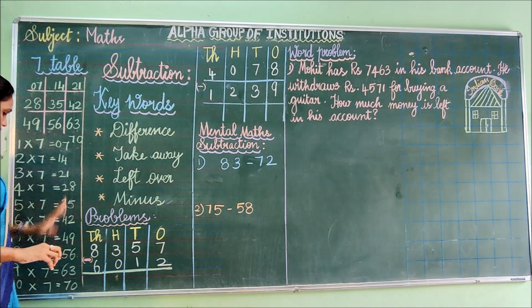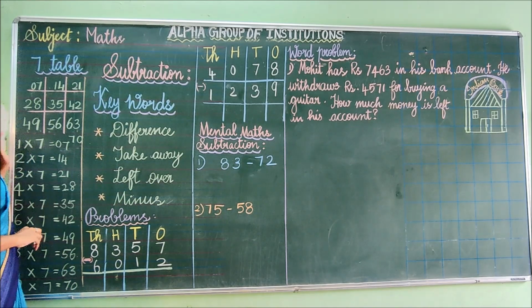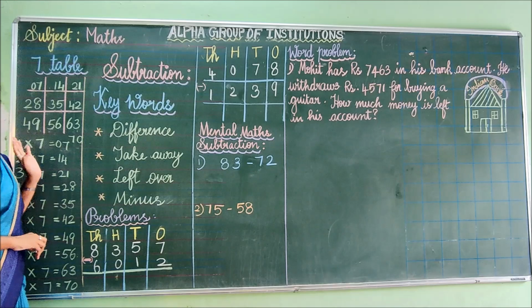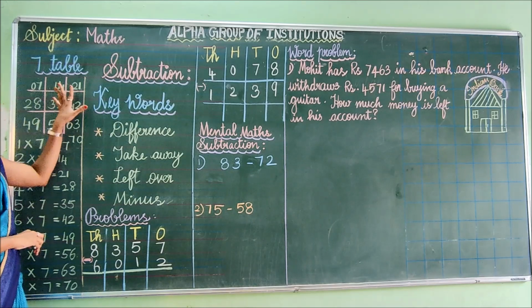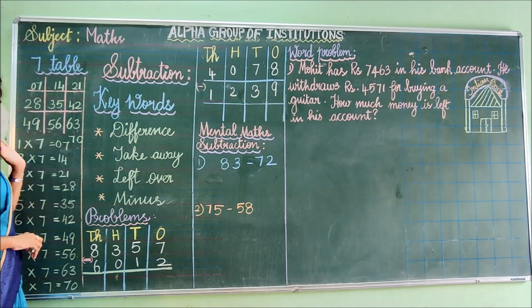Just we have filled the 7 table using 2 columns and 2 rows. You know where I have started and where I have completed, right?